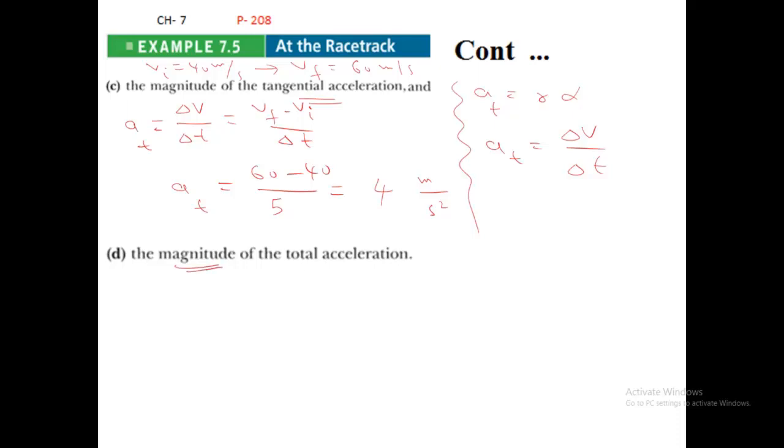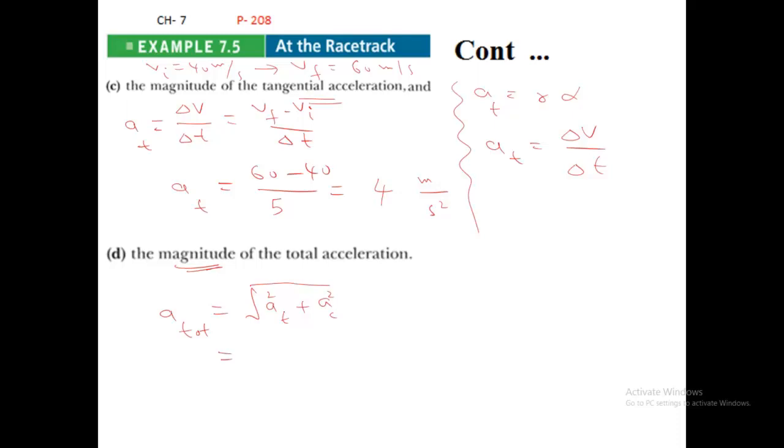Then the magnitude of the total acceleration by Pythagoras theorem, we have done that. A total is equal to the square root of tangential acceleration square plus AC square.